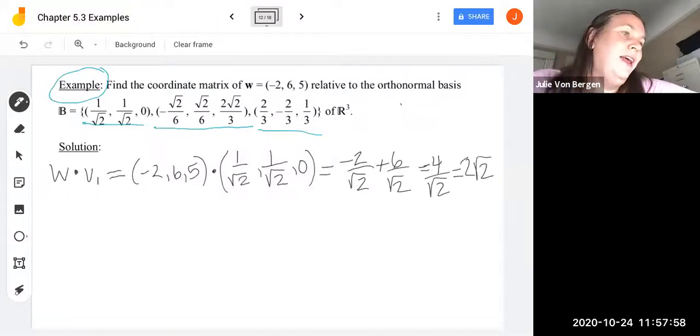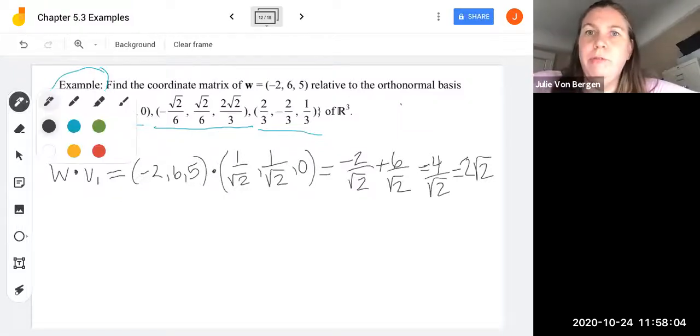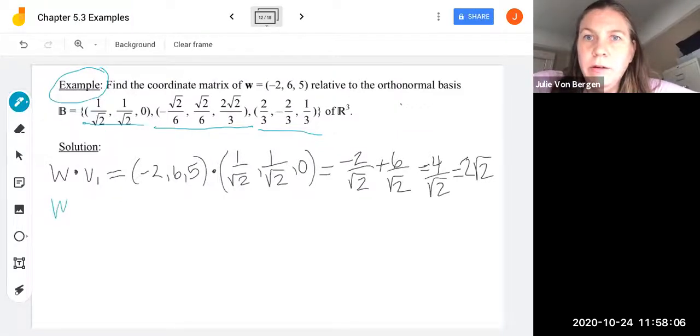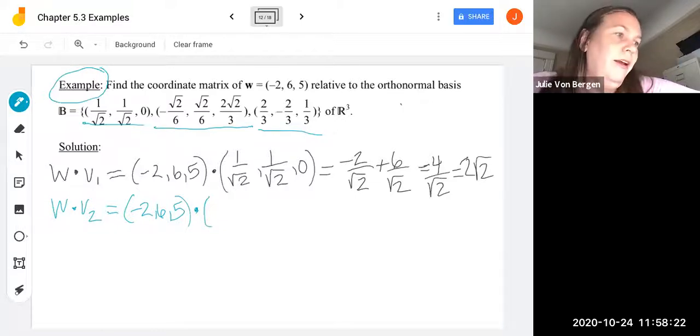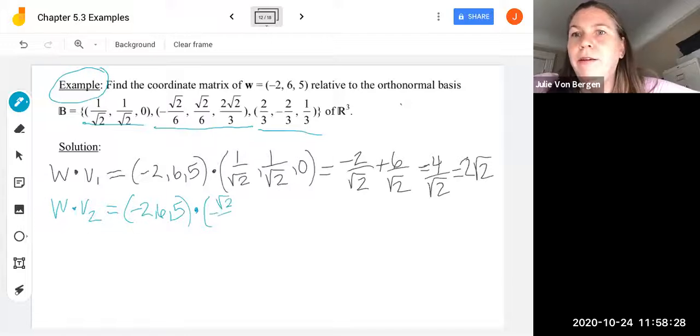All right, then W dotted with V2, I'll switch over to blue here, is going to be (-2, 6, 5). And again, I'm using the dot product because I'm in R3, and the standard dot product is our inner product in R3. Then I'm going to have (-√2/6, √2/6, 2√2/3).